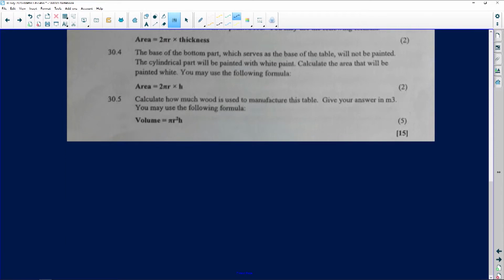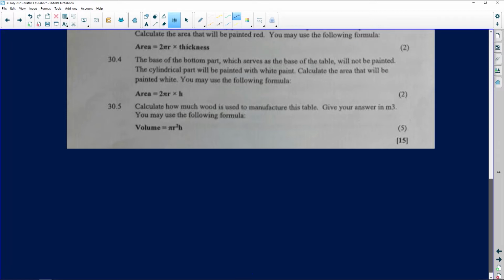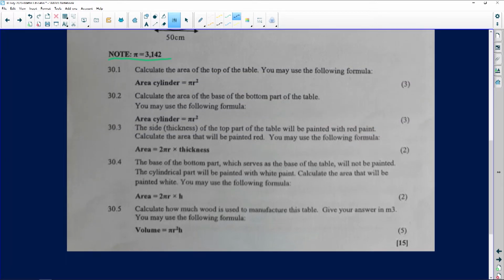The first question from this particular setup is asking us to please calculate the area of the top of the table. You may use the following formula. If we're looking for the area of the top of the table, this is what it would look like.